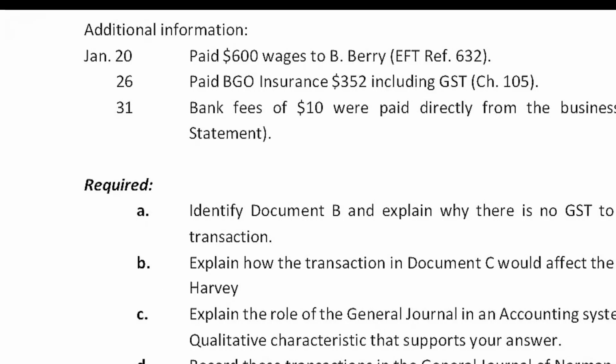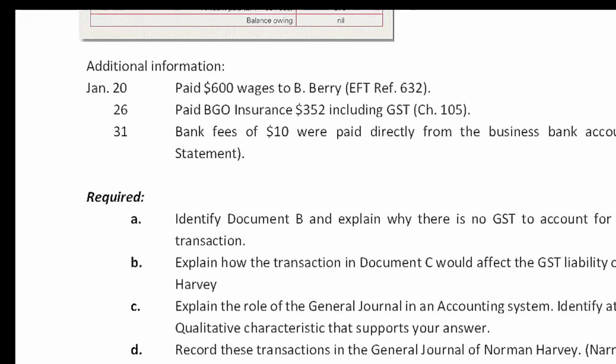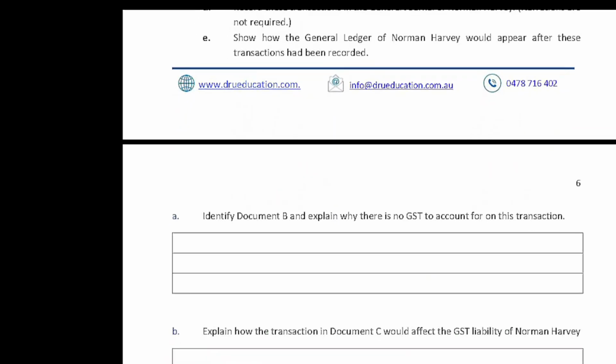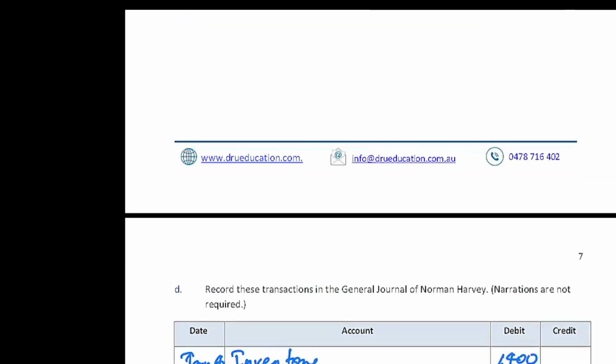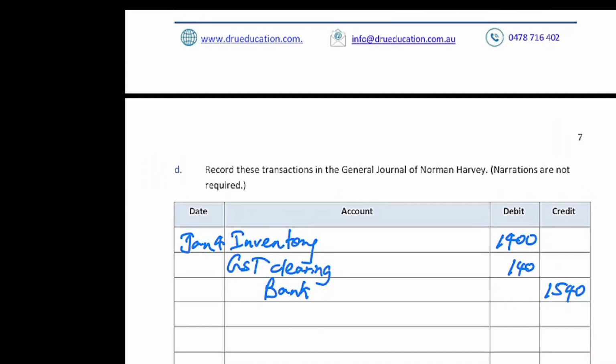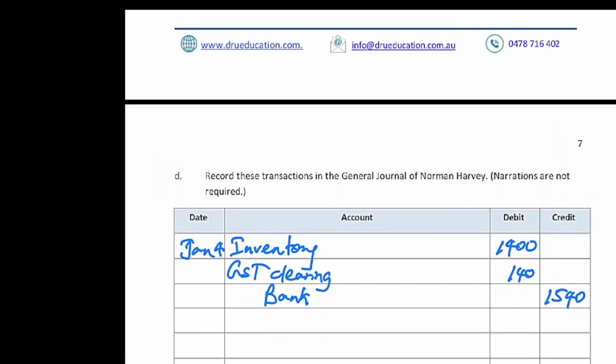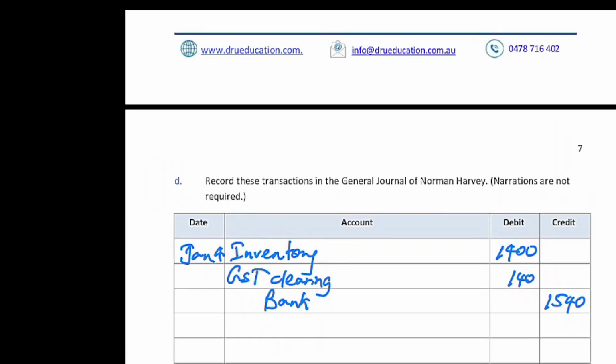I gave you a note, didn't I? Setum, tell me. Is that a brief description? Brief description about the transaction, with the source document reference.